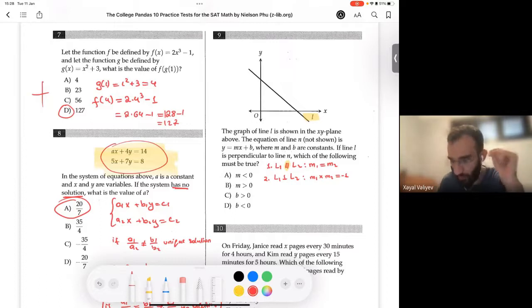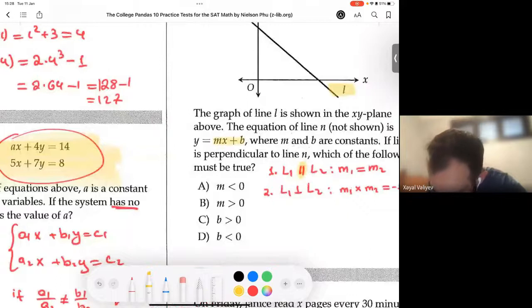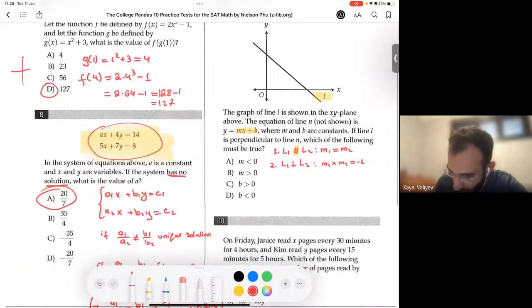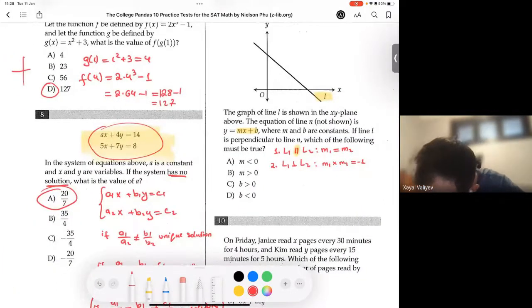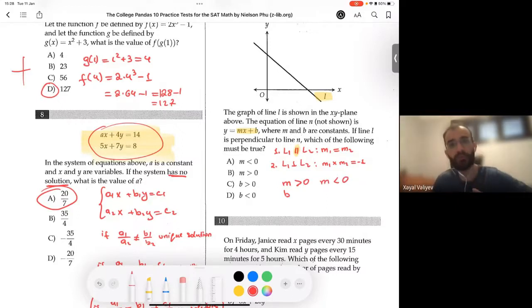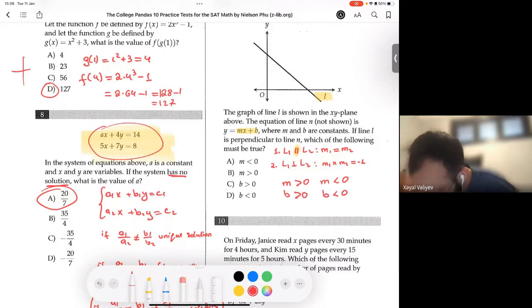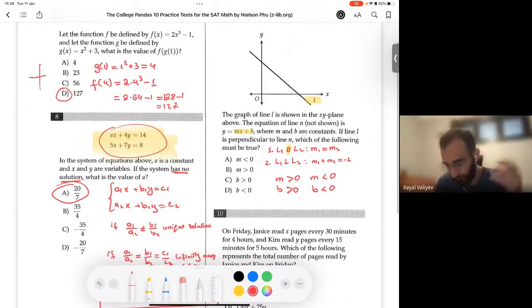We are looking at the coefficients. The equation of line n is in this form, and we're interested in whether m is greater than 0 or less than 0, and also whether b is greater than 0 or less than 0, if we are able to determine that.